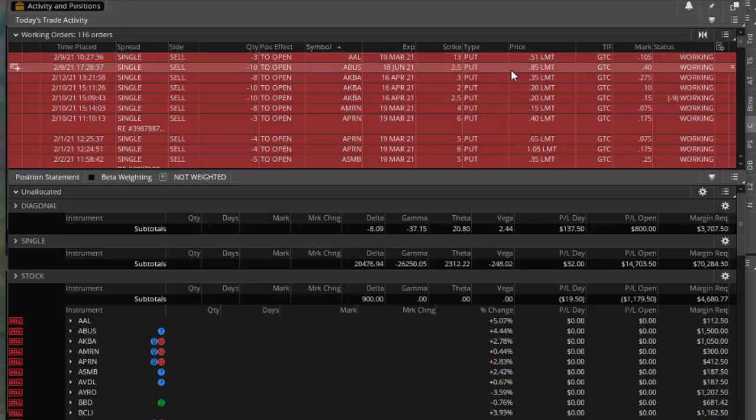But just because I'm able to open more contracts, that does not mean I want to. Because imagine if for whatever reason AAL goes bankrupt and I ended up losing this position, which would translate into $3,900. So that will be the maximum risk I'm risking here.